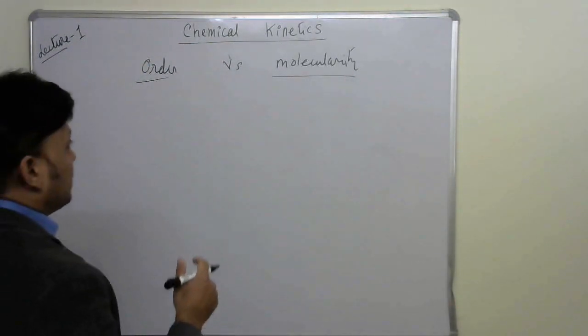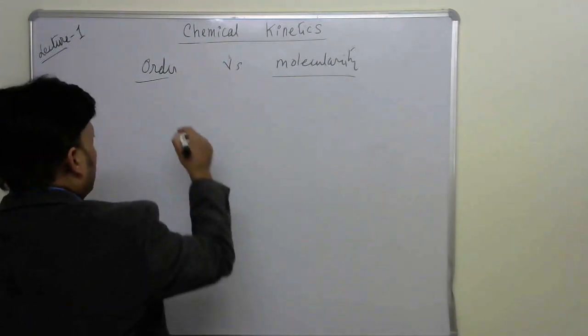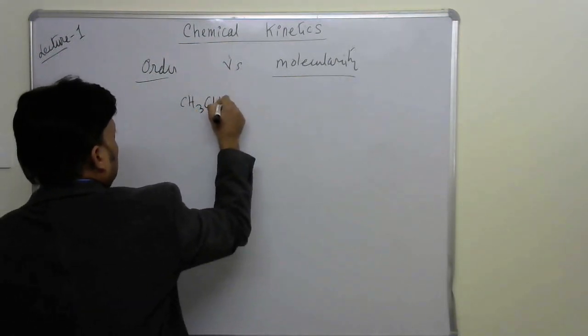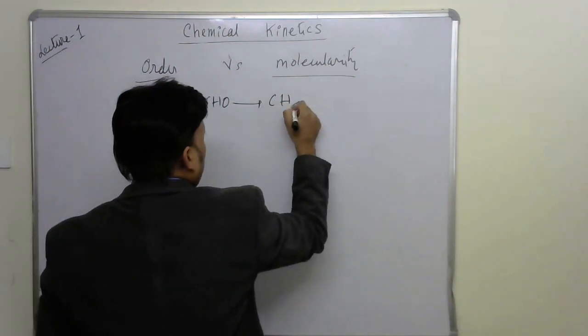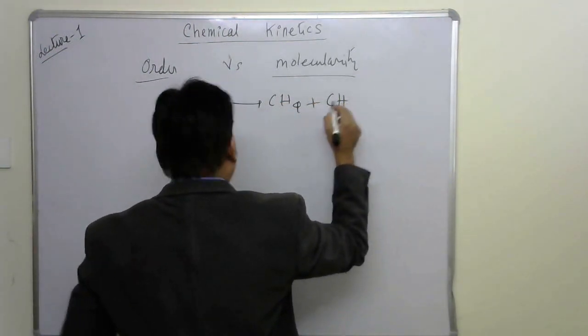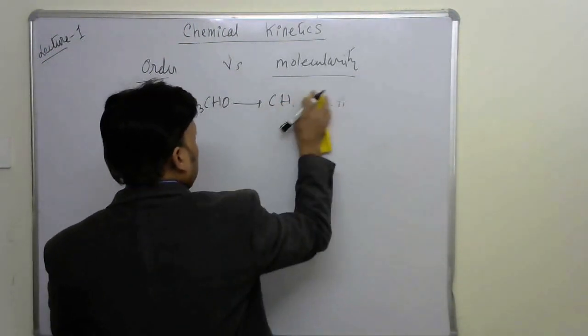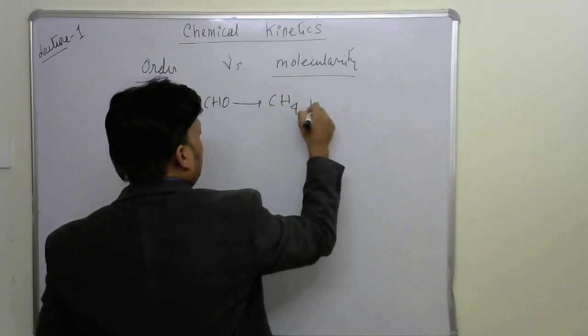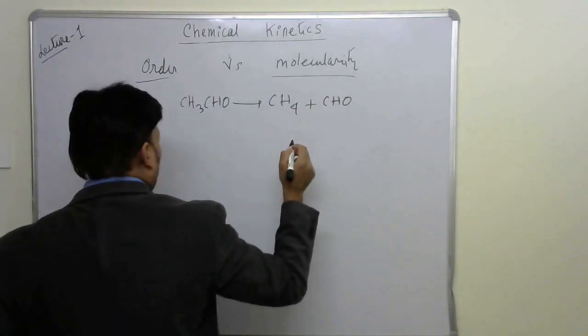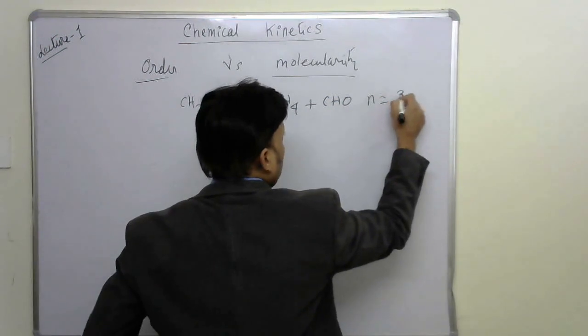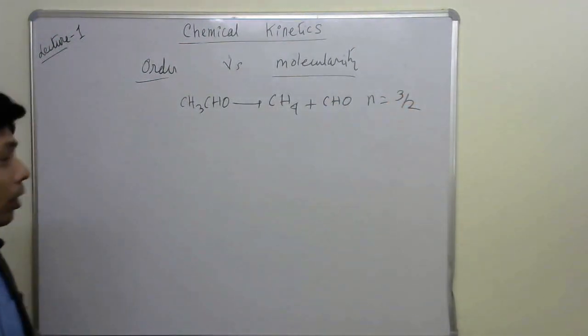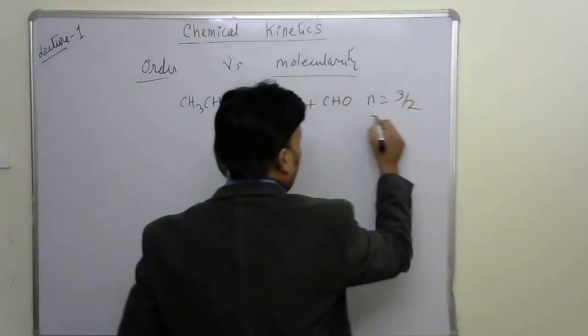Before we proceed, there is one more question for you. I have also mentioned such reactions as an example of order. Remember, the order of this is 3 by 2, that is 1.5, a fractional order.